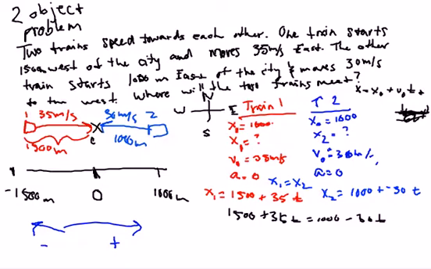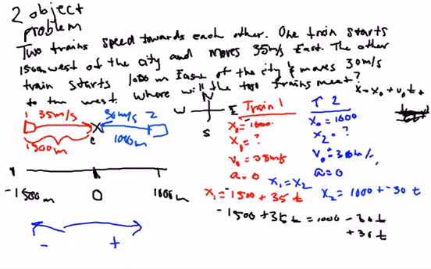And here you can see that, well, we can't solve for x1 or x2 yet, but we can solve for t. So this is like your systems of equations. Two equations, two unknowns. Alright, so you're going to solve for t first. Move some things over. I forgot to put my negative in there.